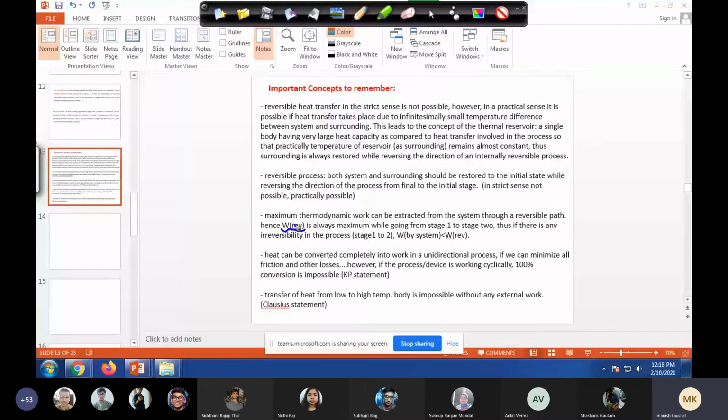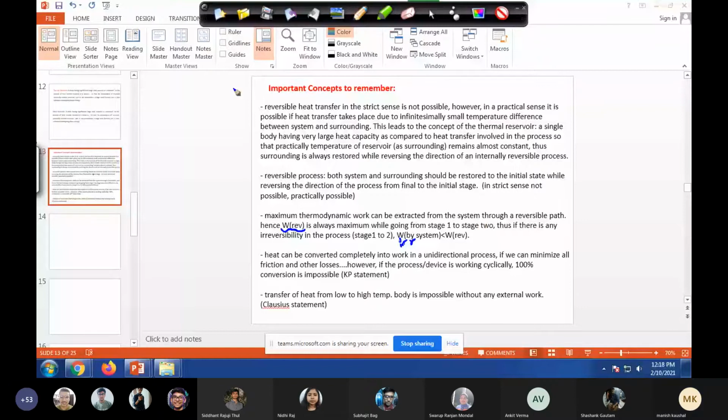If work is being done on the system, then you have to do the smallest amount of work if you do it reversibly. So W by system irreversible is always less than W reversible. So maximum work can be extracted when you do this process reversibly.